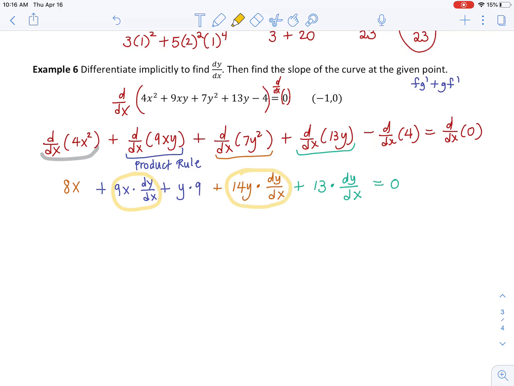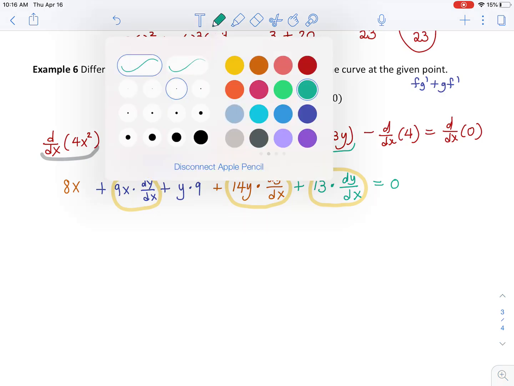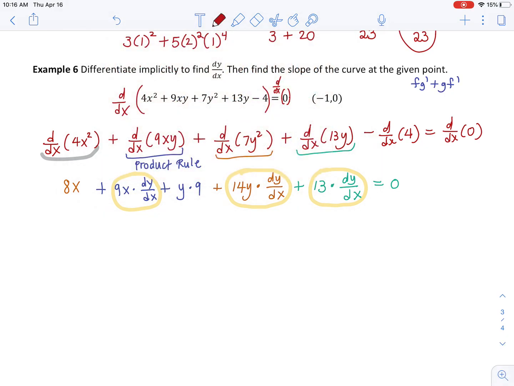All right, now I'm going to circle all the terms that have a dy/dx, because those are the only ones who get to stay with me on the left side. There are 3 terms with dy/dx, so I'm keeping those 3 terms on the left. Can we do something cool? Can we go ahead and factor out dy/dx while we are doing that?